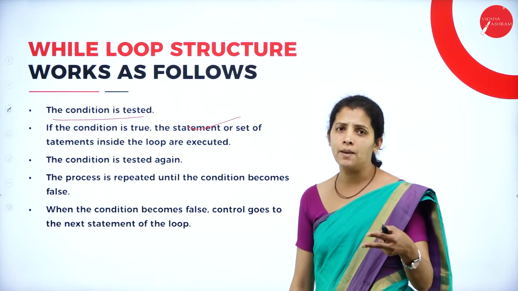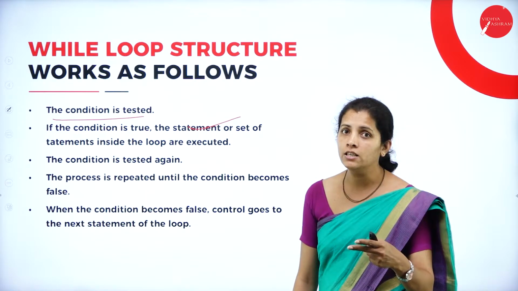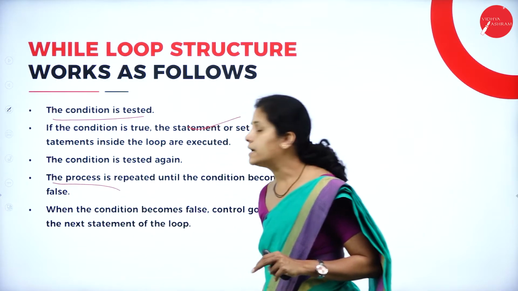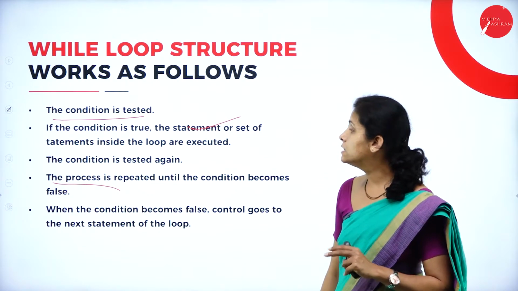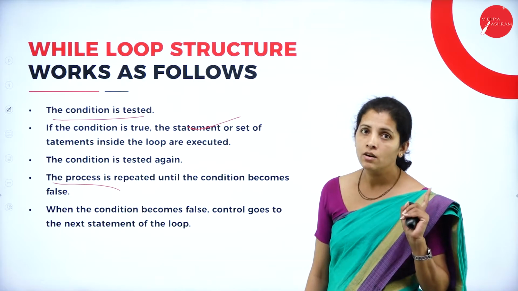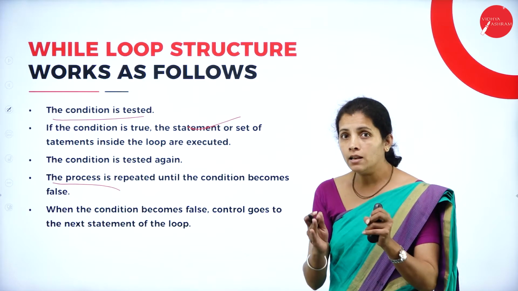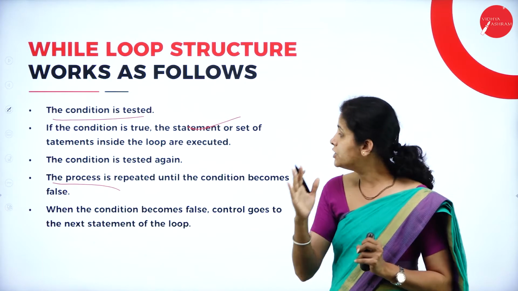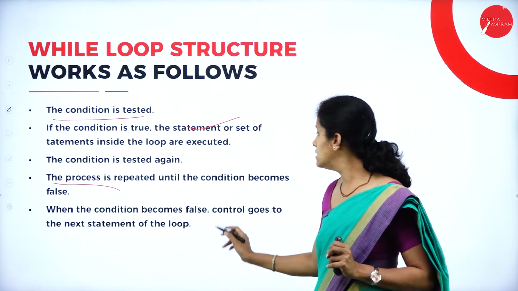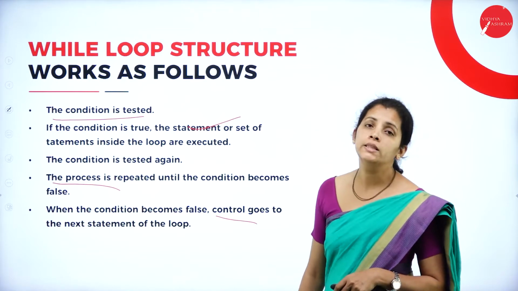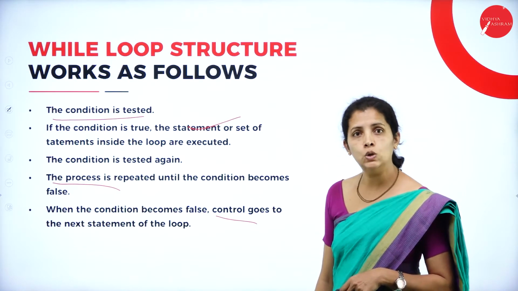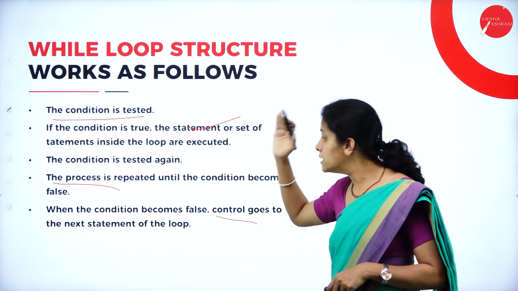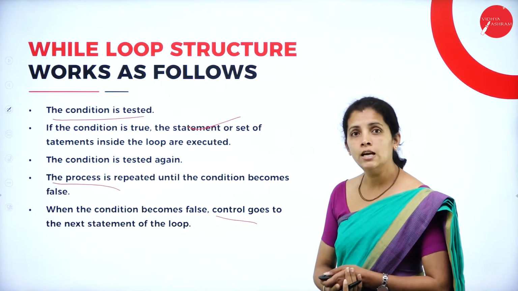Each time, for each iteration, I'm going to check the condition. The process is repeated until the given condition becomes false. That means till my condition is true, I'm going to repeat the process. When the condition becomes false, the control is directly transferred to the next statement of the loop.